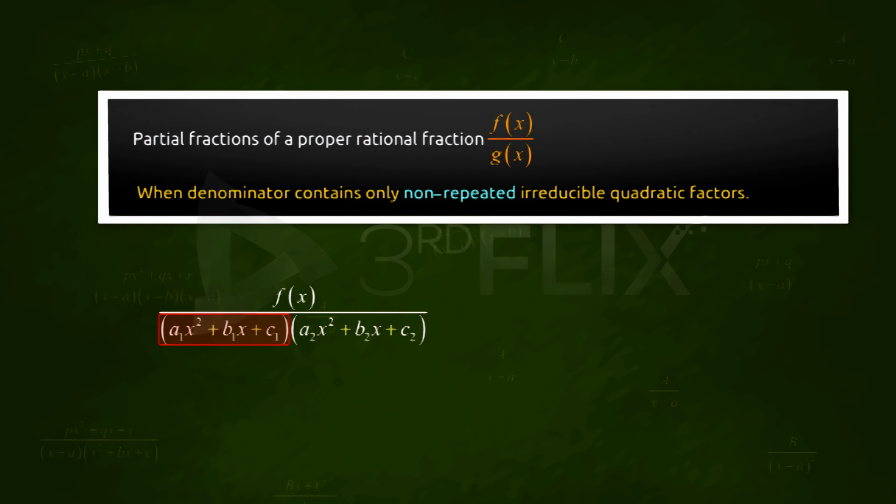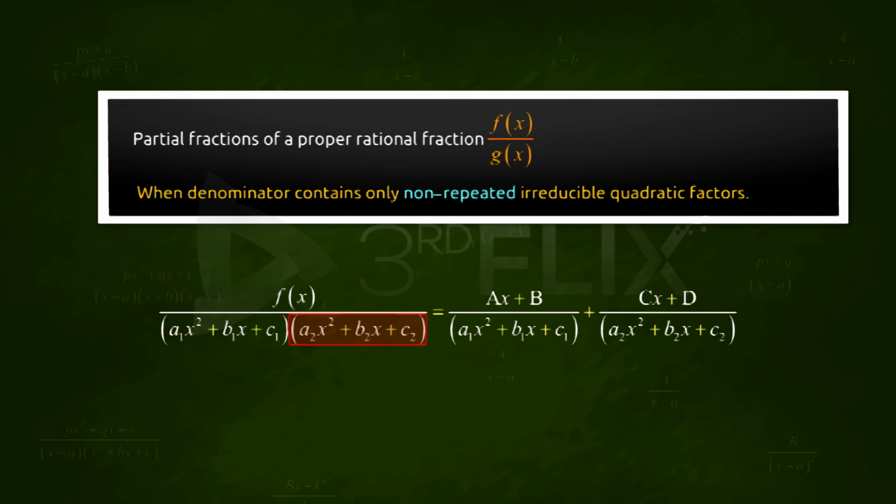For the factor a1x square plus b1x plus c1, we write capital A into x plus capital B whole divided by a1x square plus b1x plus c1. For the factor a2x square plus b2x plus c2, we write capital C into x plus capital D whole divided by a2x square plus b2x plus c2.